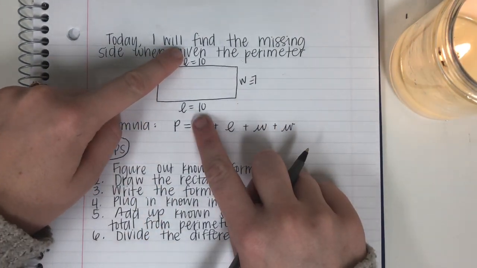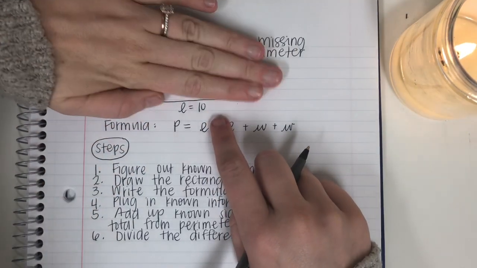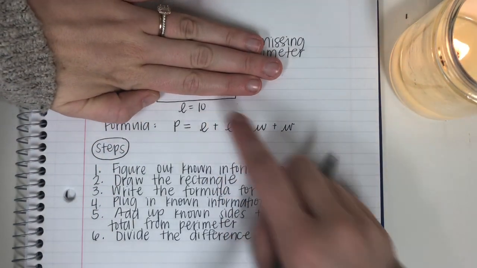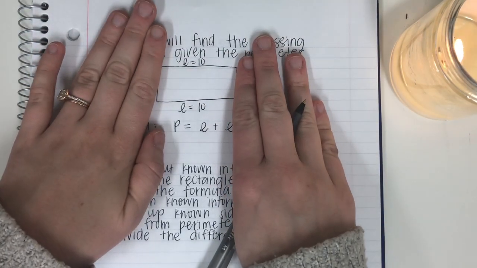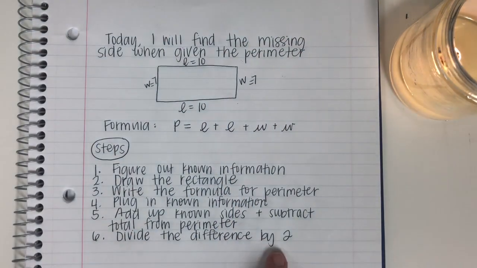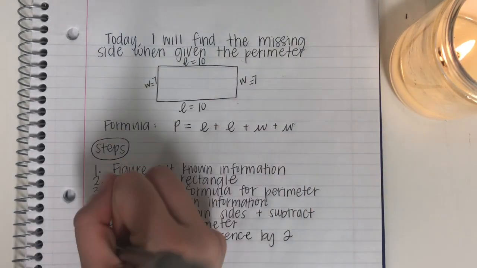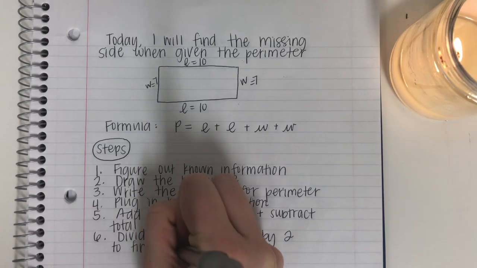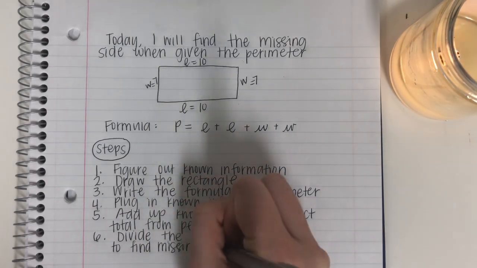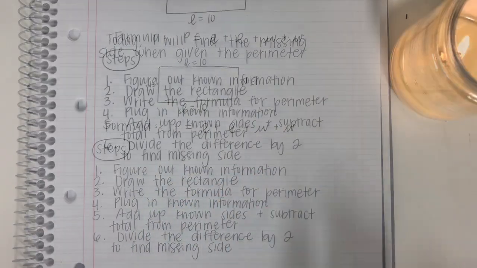So you have to divide by 2 to get what just one side is. Because if you don't divide, then you'll have what the 2 sides are, but we just need to figure out the one side. So we want to divide the difference by 2 to find the missing side.